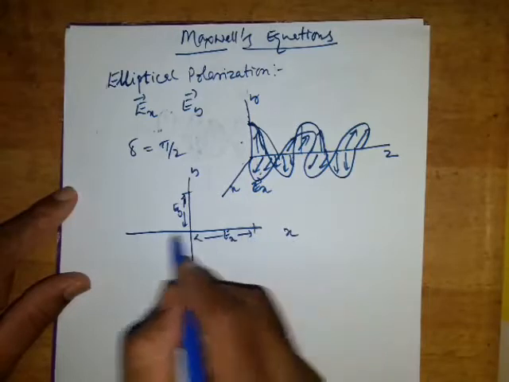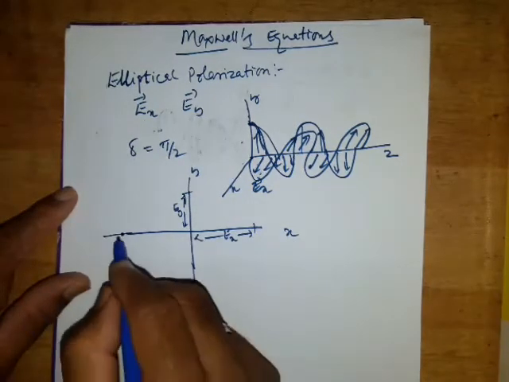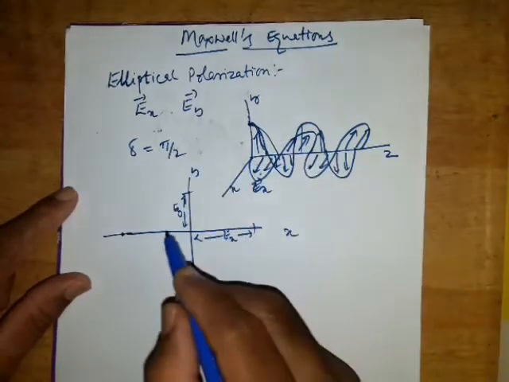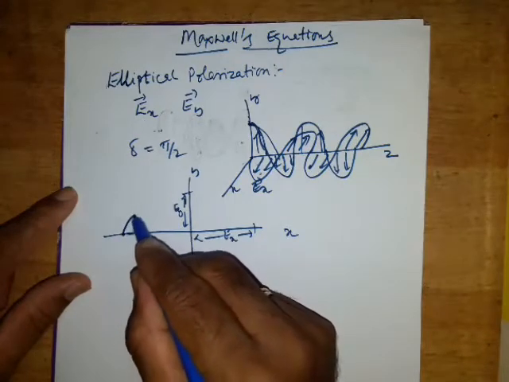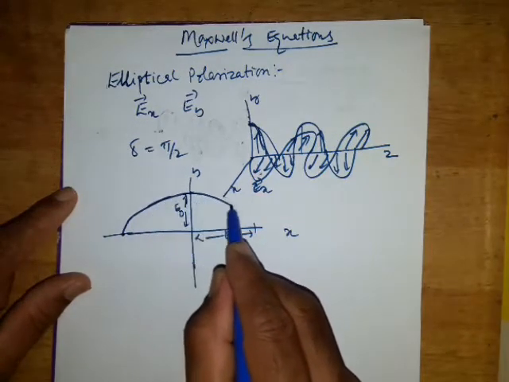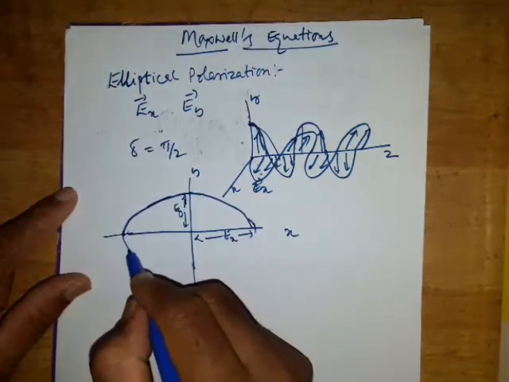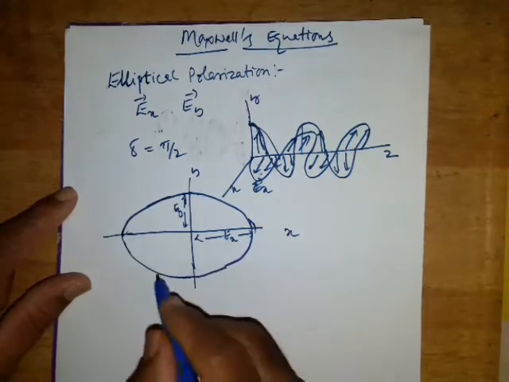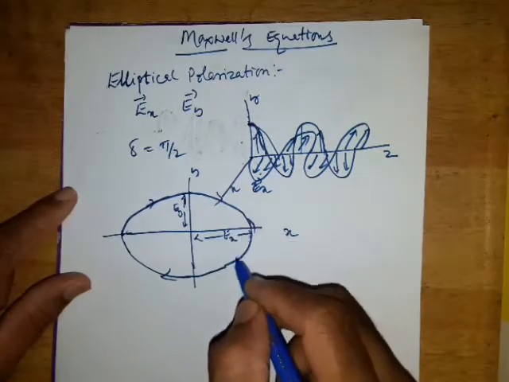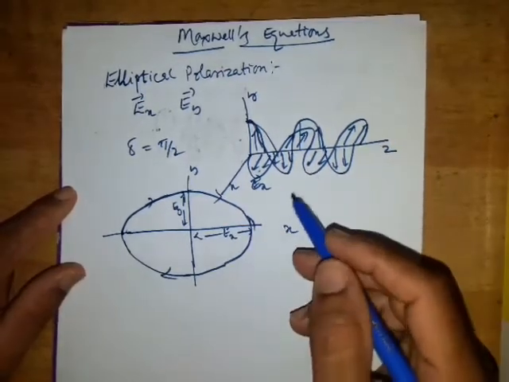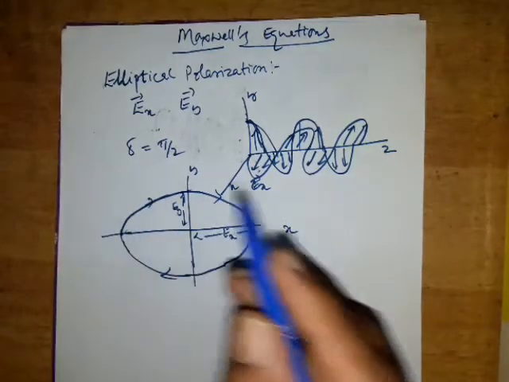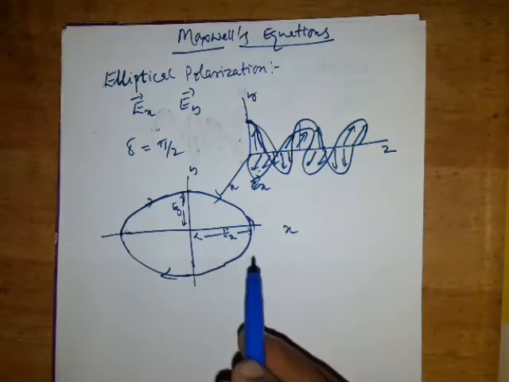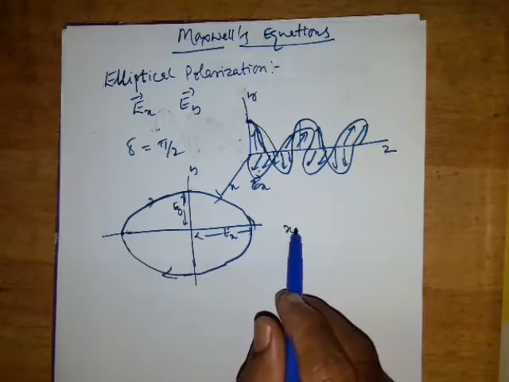You can see here the resultant vector of Ex and Ey will be tracing an elliptical path, along the coordinates x and y.